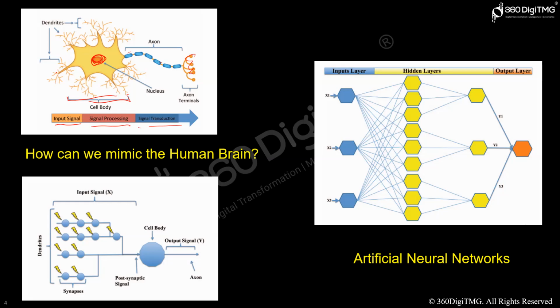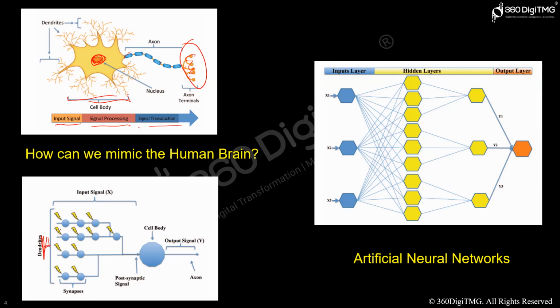So here the dendrites take in the information, and then the signal is processed and you get the signal transduction, the signal output. So that is how the neuron in the human body works.